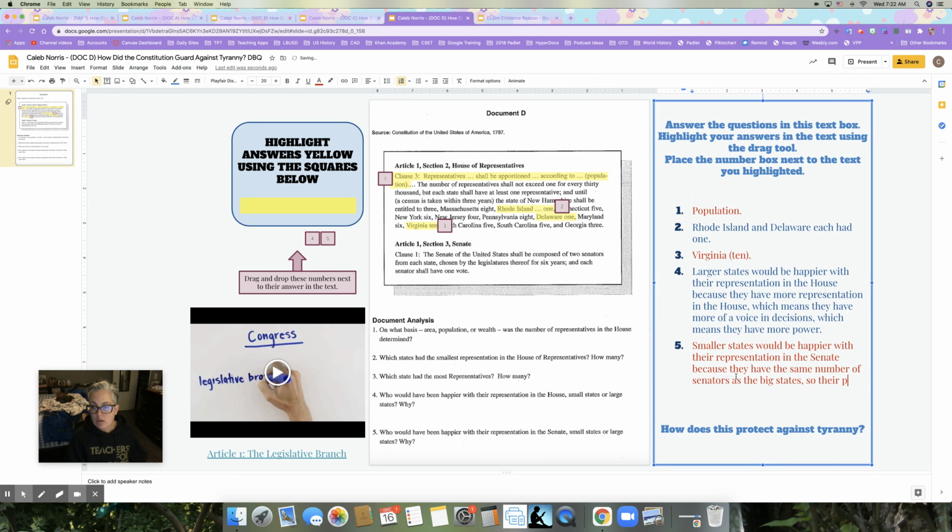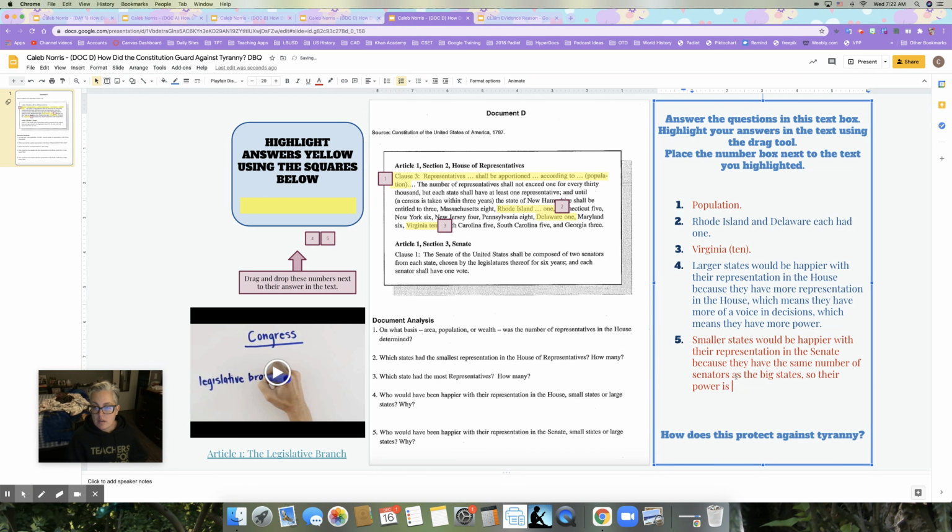So their power is more equal. Okay, so if you didn't get these similar answers to your own questions, hopefully now you have an idea of why that might be.